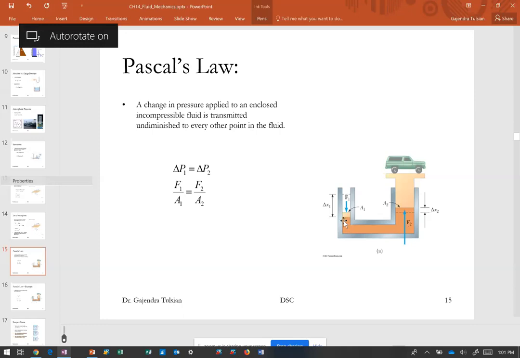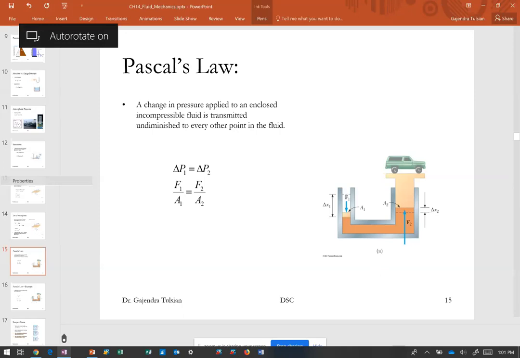So for instance, if this area were 100 times this area, if A2 was 100 times that, F2 will have to be 100 times F1. The output force will be 100 times this input force. So you can apply a 10-pound force and lift a 1,000-pound object. Okay, so that's the idea behind this hydraulic jack.